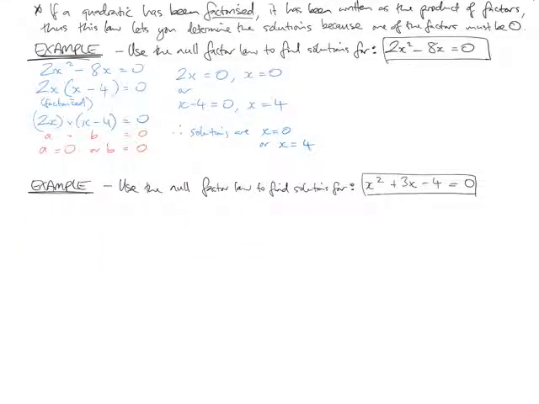Alright, use the Null Factor Law to find solutions for x squared plus 3x take 4. So obviously this isn't in the form x squared is equal to k. Then we need to factorize it. x squared plus 3x take 4 is equal to 0. We need to factorize the left hand side. So this looks like it would be the sum and product rule. We need to look back.